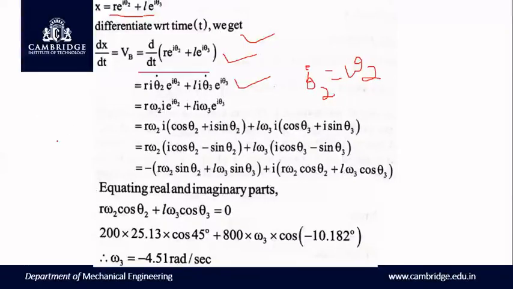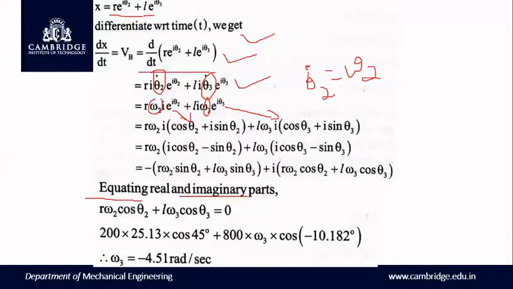So we substitute theta 2 dot as omega 2 and theta 3 dot as omega 3. Then we substitute e to the power of i theta as cos theta plus i sin theta, simplify this equation, and go for equating real and imaginary parts.